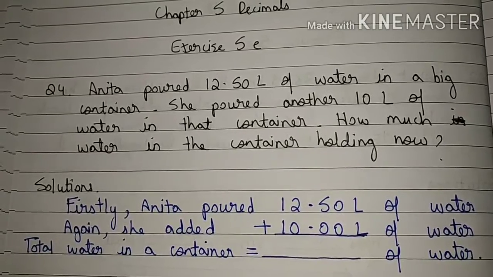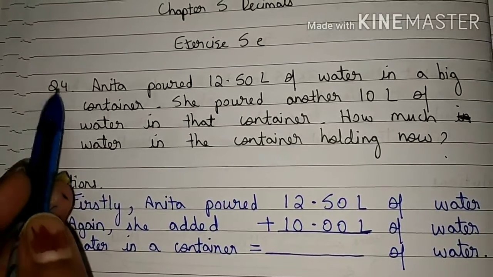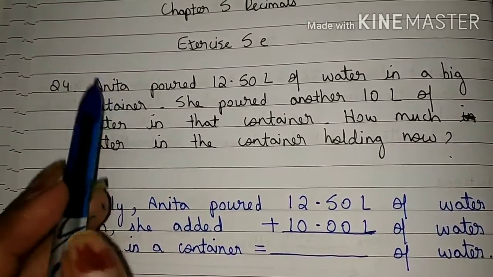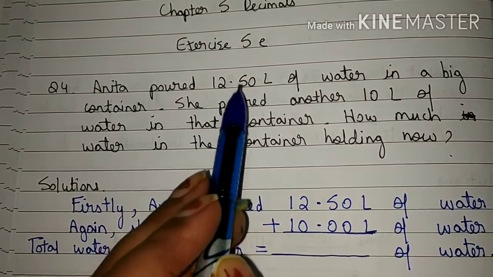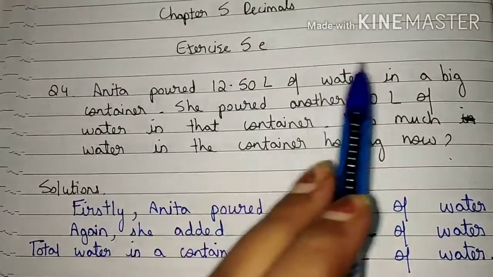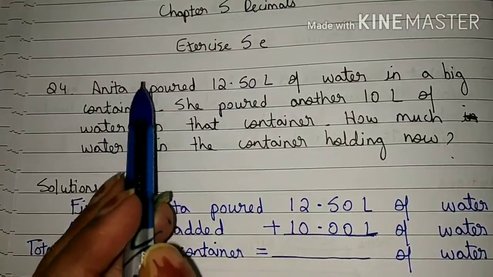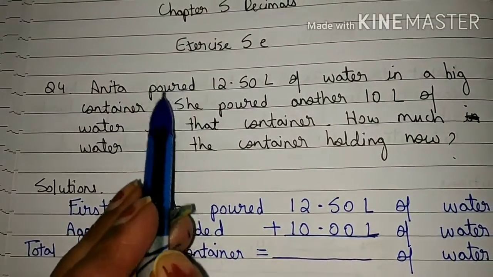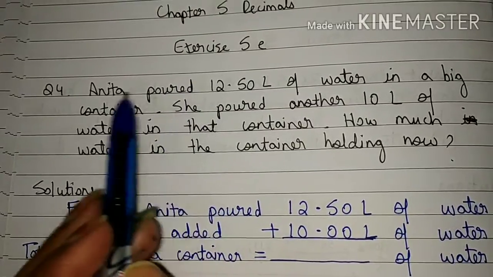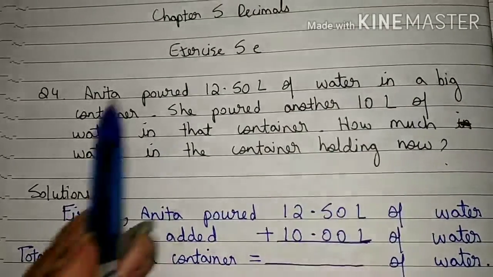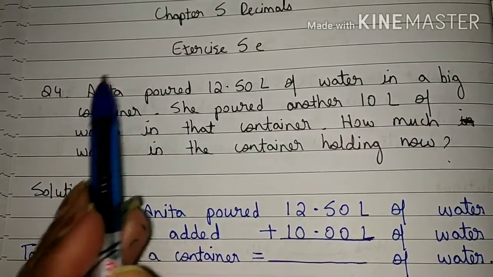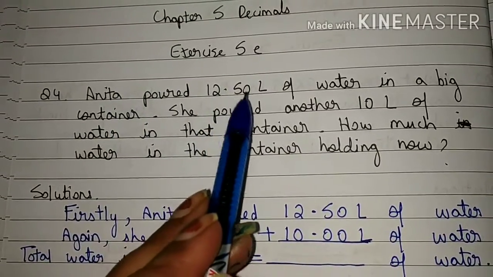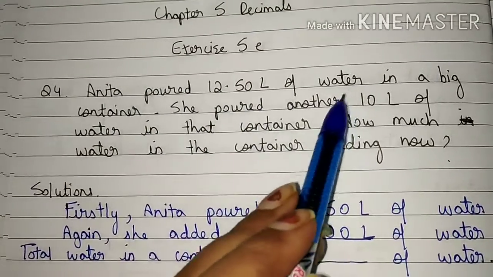Students, now we will study question number 4, that is Anita poured 12.50 liter of water in a big container. Poured means fill or add, भरना. Anita has a big container in which she filled 12.50 liter of water.